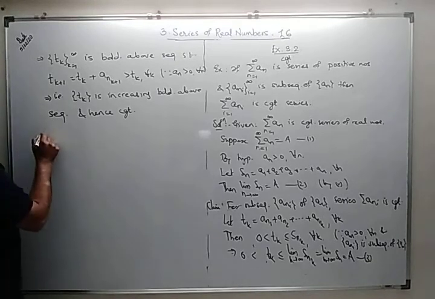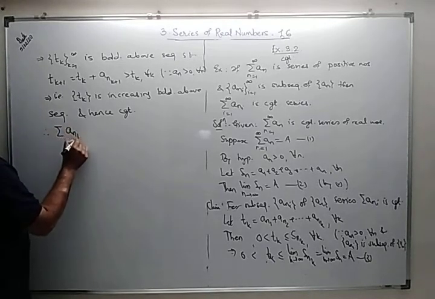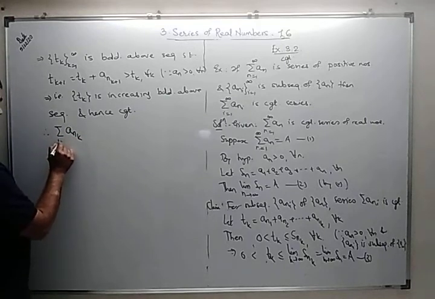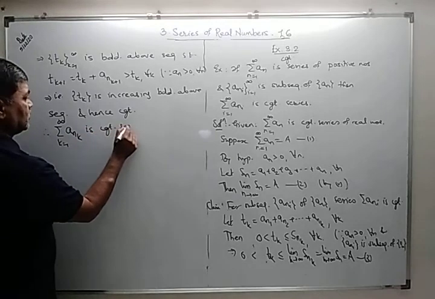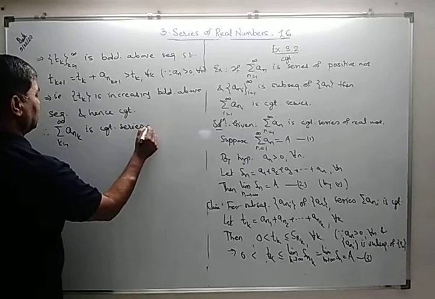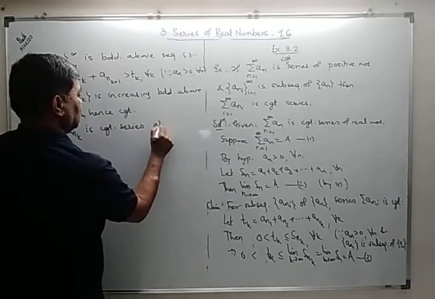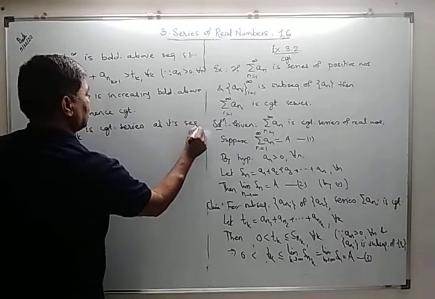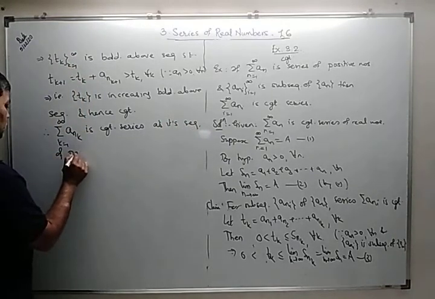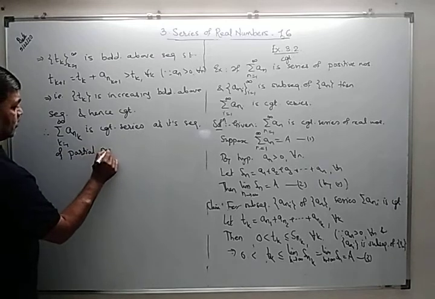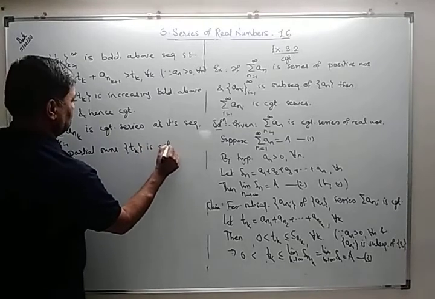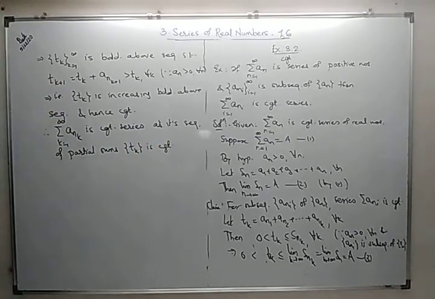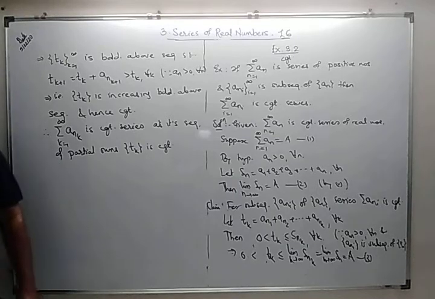Therefore, summation of a_{nk}, k equal to 1 to infinity, is a convergent series, as its sequence of partial sums T_k is convergent. Okay. So this is a simple proof of the given example.